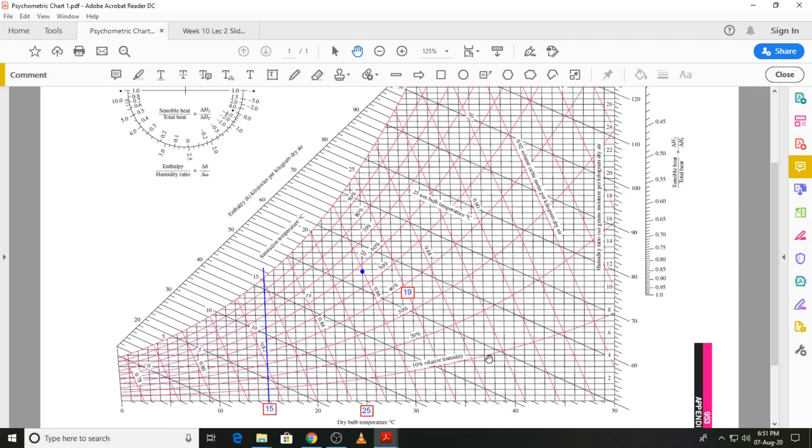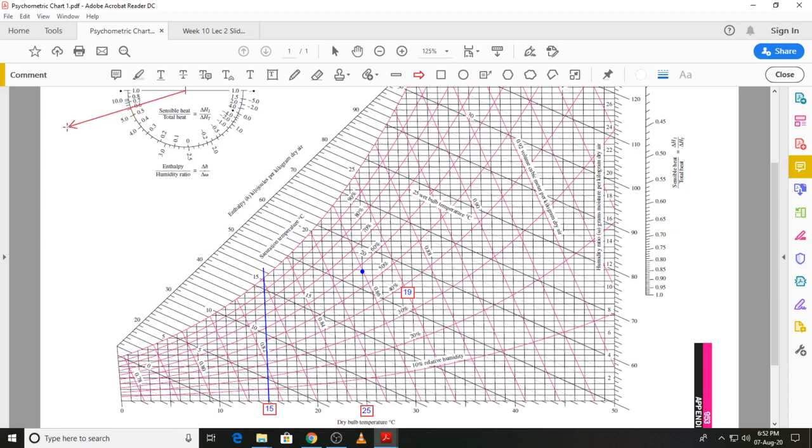As you can recall from the solution, we had found the value of delta H by delta W, which was 8.5564, approximately 8.6, and we go to the protractor and look at the value of 8.6 on the outer scale.